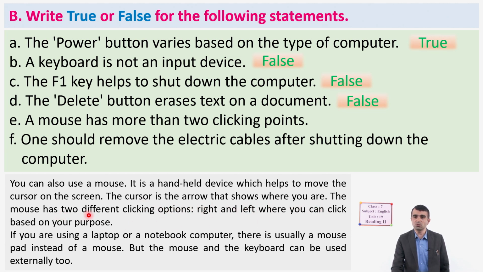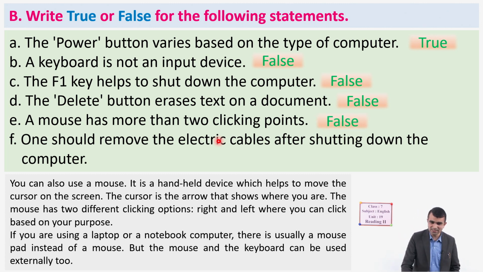The mouse has 2 different clicking options, right and left, where you can click based on your purpose. So it has how many clicking options? 2. What does the statement say? A mouse has more than 2 clicking points. Correct? No, it's not correct. That is false.